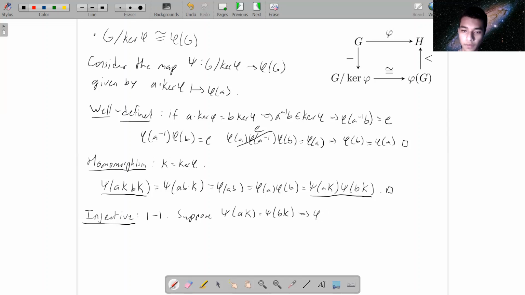Then phi of A equals phi of B. Then, by similar work as before with the well-defined property, this implies that phi of A inverse B is the identity. Thus, A inverse B is in the kernel.